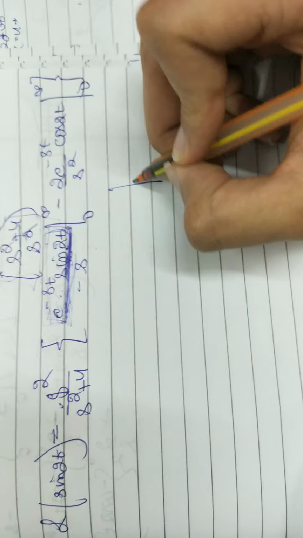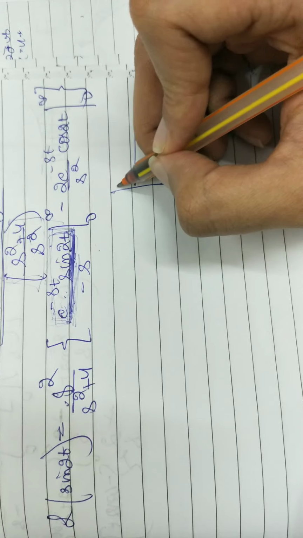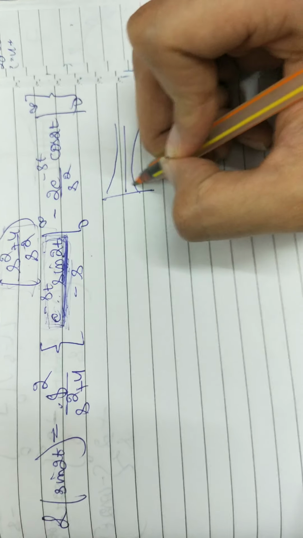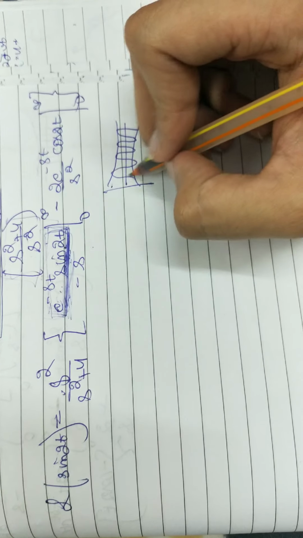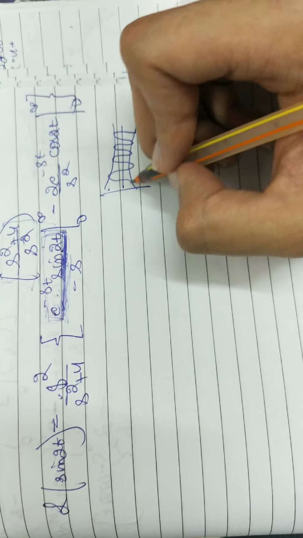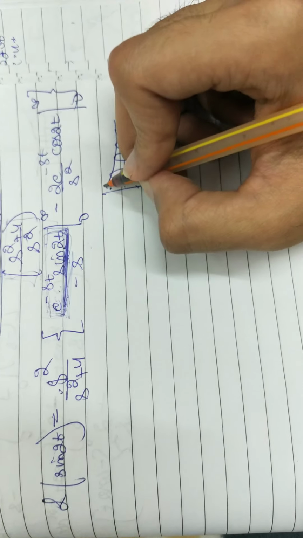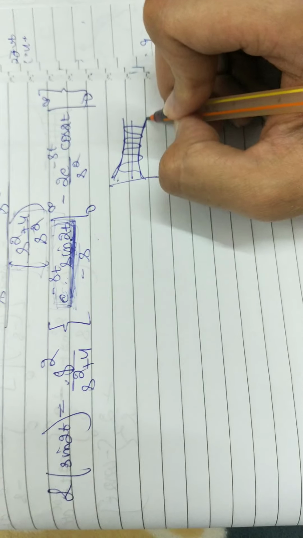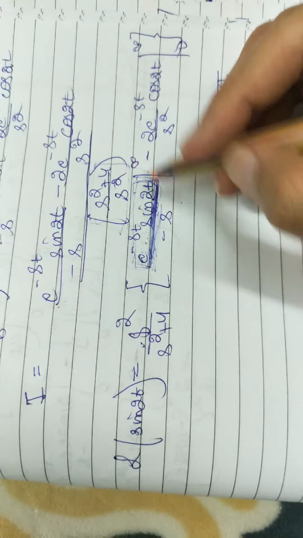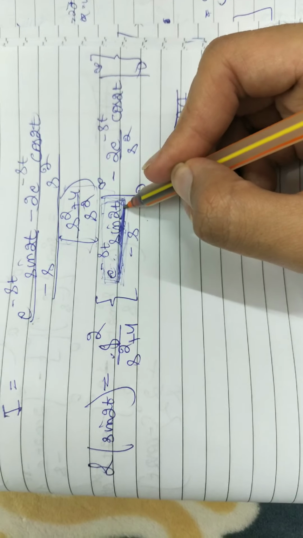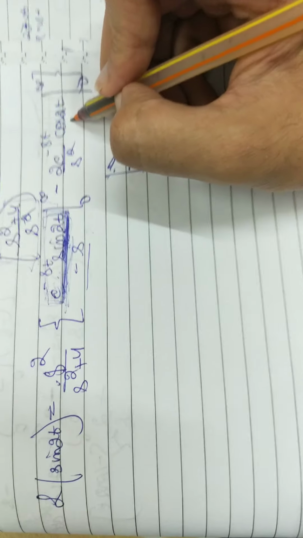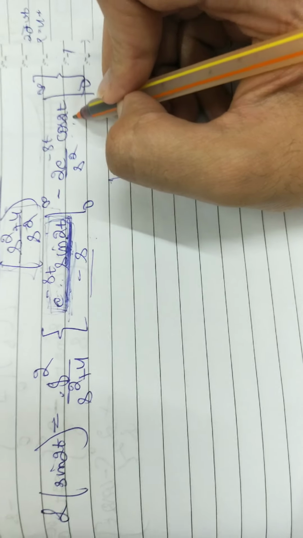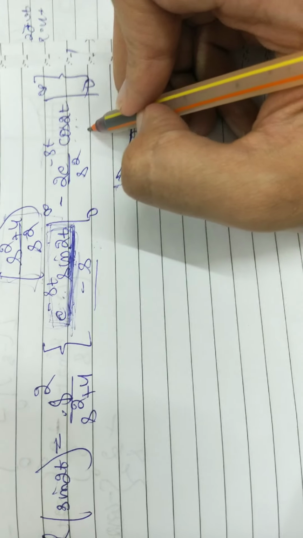And this is evident by the fact if we draw the graph. So the graph comes something like this, right? So basically the function of sine gets enveloped between the graph of e raised to minus st. So when we put t tends to infinity, this entire term becomes 0, and same is the case for cos 2t, since cos 2t also oscillates between 1 and -1.